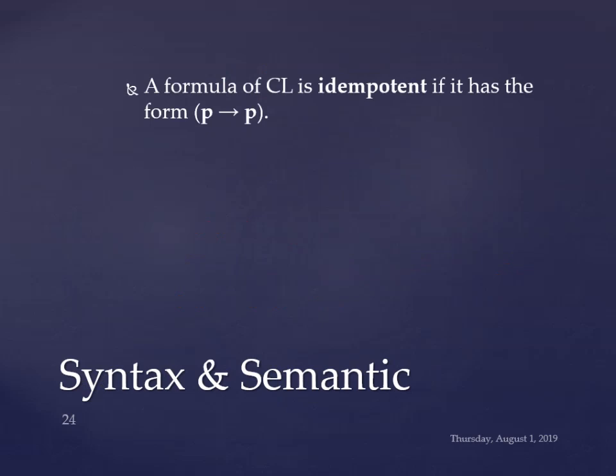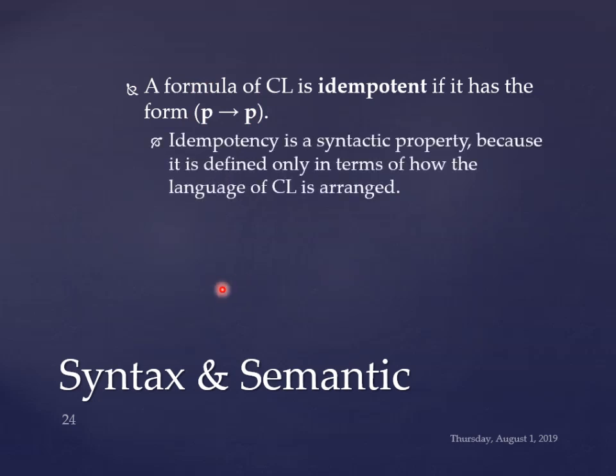Let me spell it out a different way. The antecedent has to be identical with the consequent. That's what an idempotent is. If it has that kind of form, then it's idempotent.